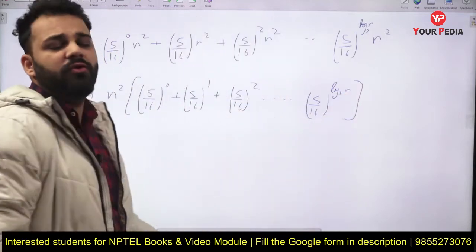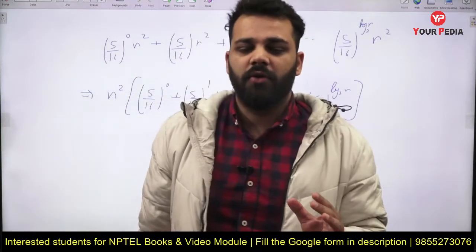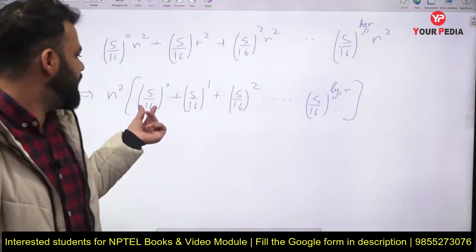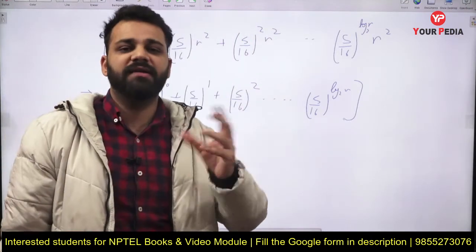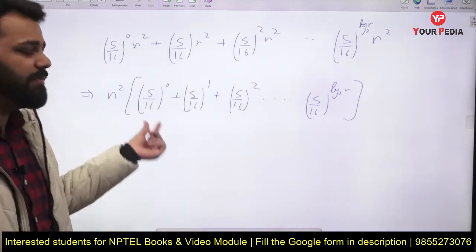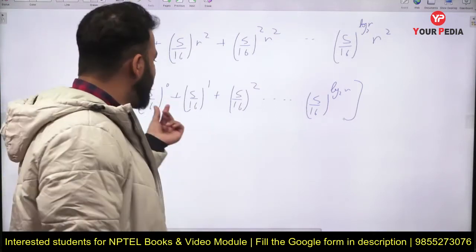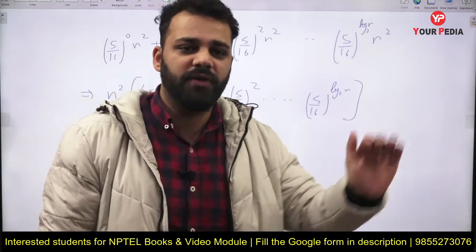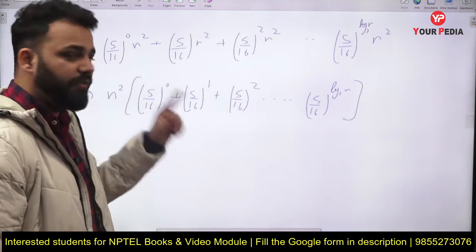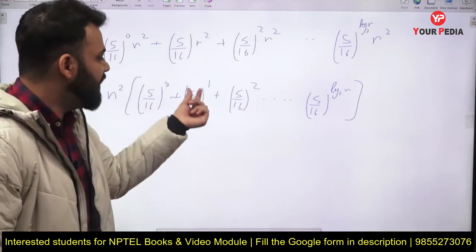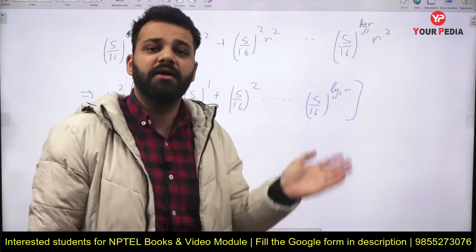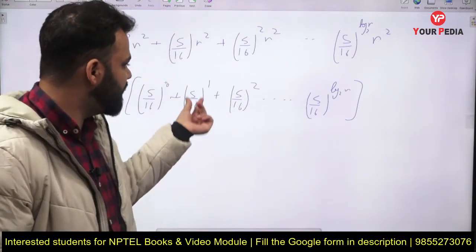Now you can try to solve this, or there is a theorem that says if you are finding the sum of a decreasing GP. Now 5 by 16 is less than 1, so it is a decreasing GP. The values are decreasing when you are going down the GP. 5 by 16 raised to power 0 is 1, 5 by 16 raised to power 1 is less than 1, 5 by 16 raised to power 2 will be less than 5 by 16 raised to power 1.